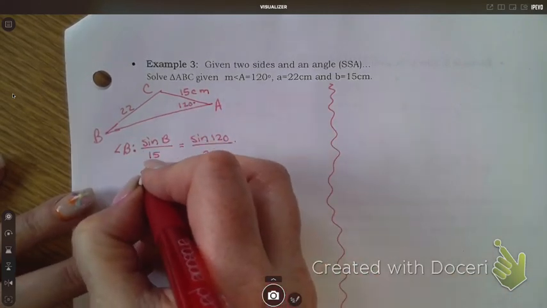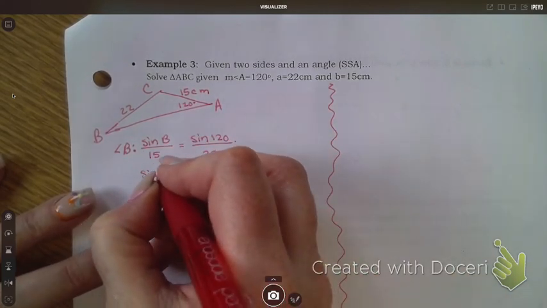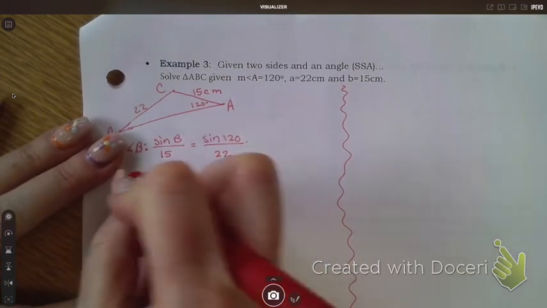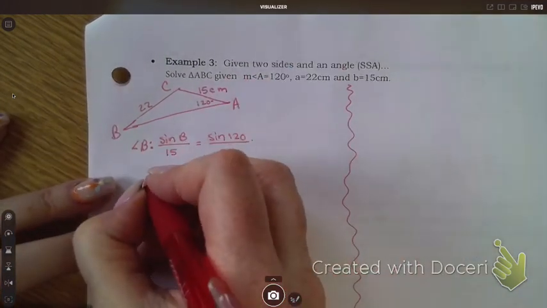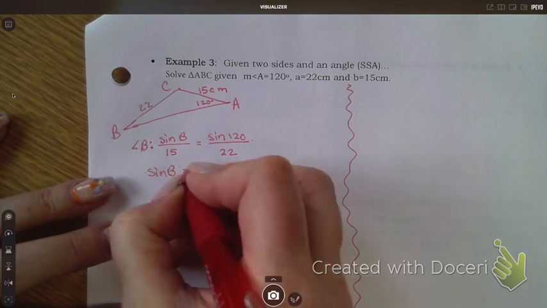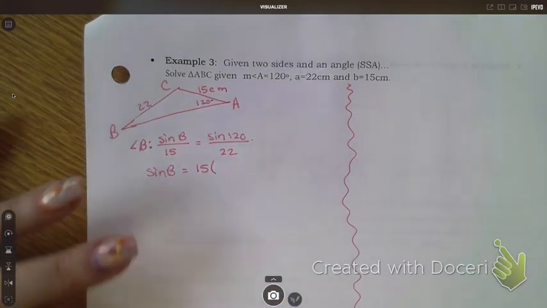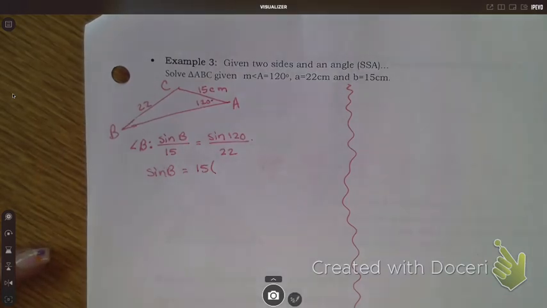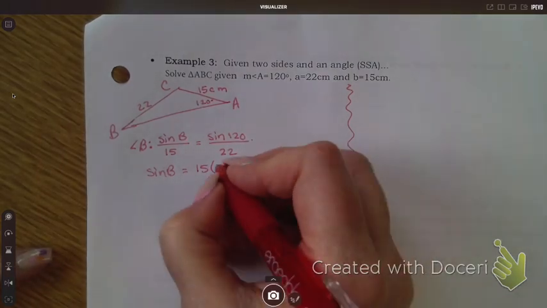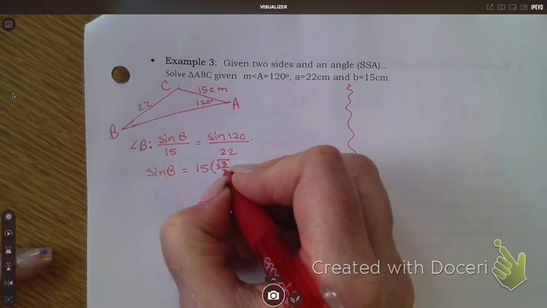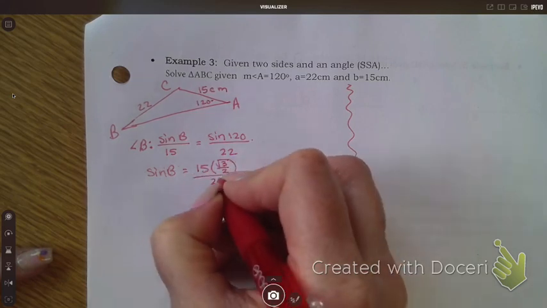So I have sine of B. Actually, I'm not going to write sine. Well, I will this time. I won't do it again because I will skip to the next step. So I have 15 times the sine of 120, which is square root of 3 over 2, over 22.